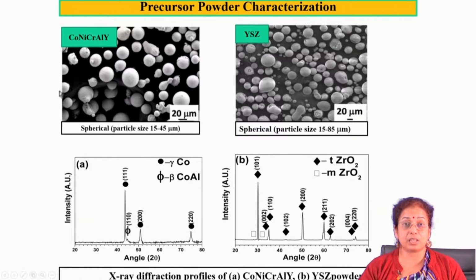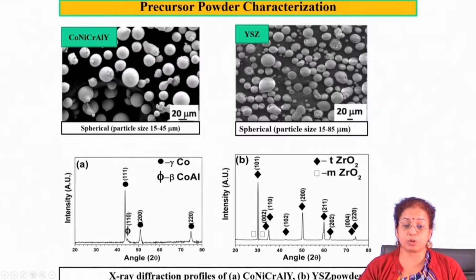For example, where we use YSZ as powder. When we developed the YSZ top coat by the plasma spray deposition technique, this gas atomized YSZ powder was used as precursor powder, which contains mostly tetragonal zirconia. A few monoclinic zirconia peaks are also observed.